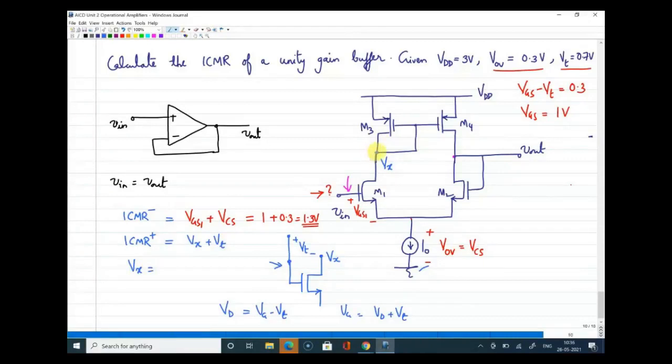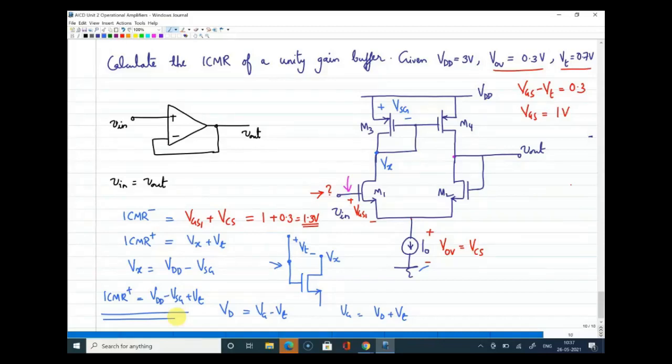If you look at the DC voltage at this node, this is VDD, and from VDD you have to subtract VSG. So Vx is VDD minus VSG. All right. So your ICMR plus is equal to VDD minus VSG plus VT.